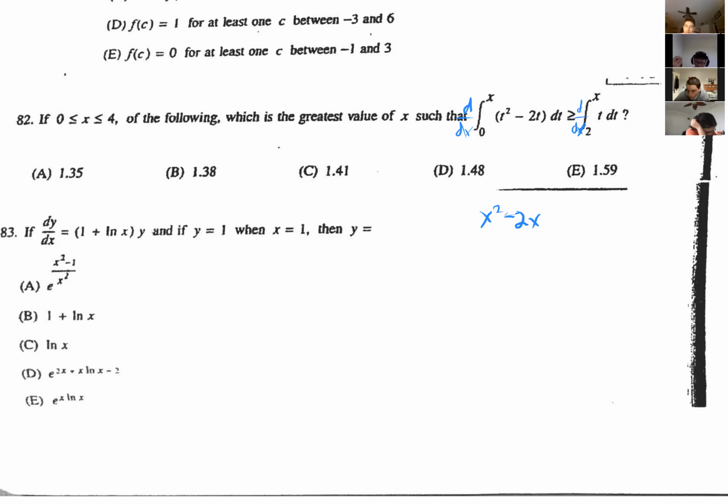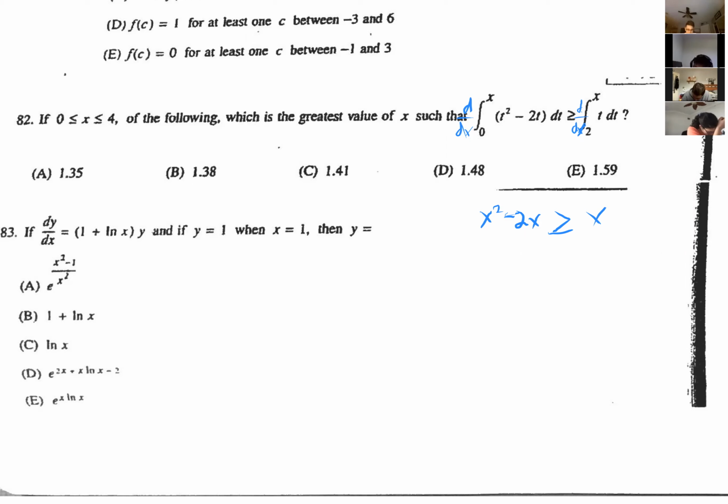Sorry, let's see. Which is the greatest value? Okay. So for this other one, I'm going to say greater than or equal to x. I don't know when this equals 0.